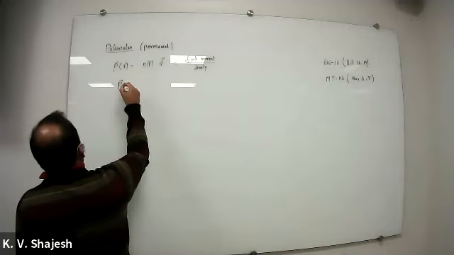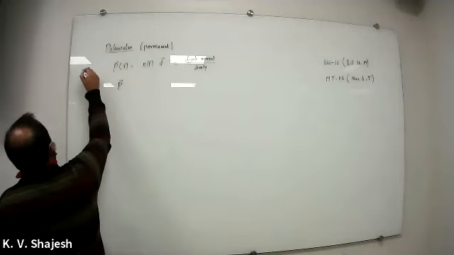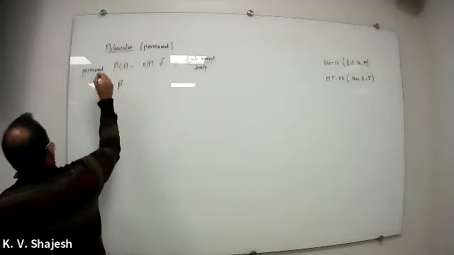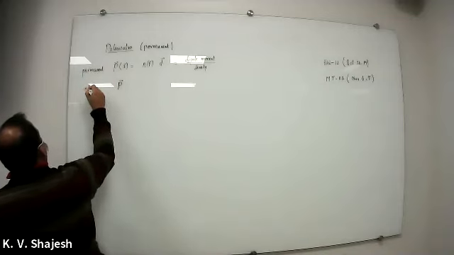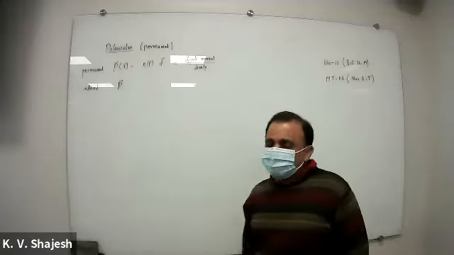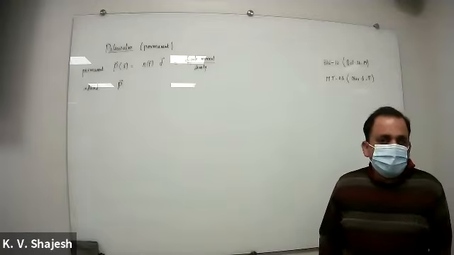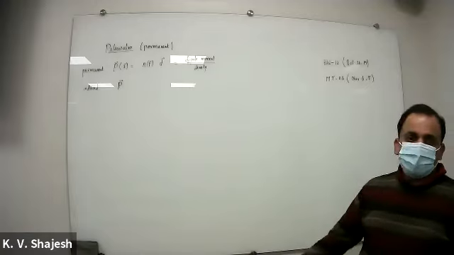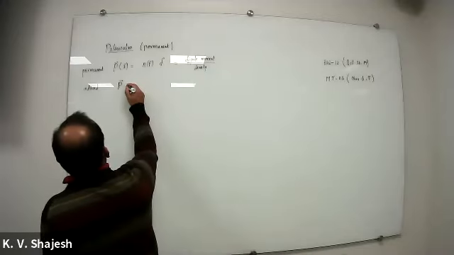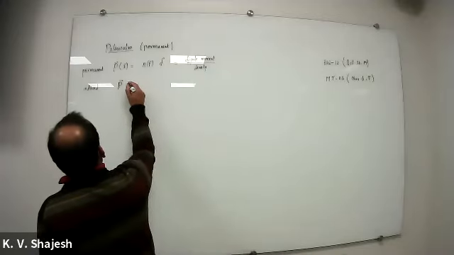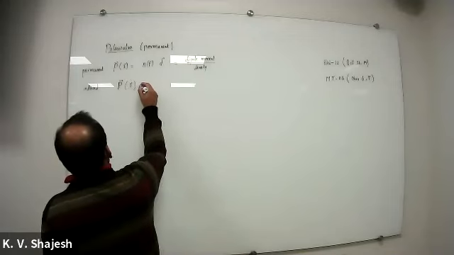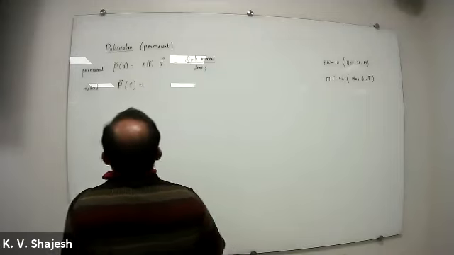So this is permanent. If it is induced, what we mean is that the material itself doesn't have any dipole moment, but if you apply an electric field, you can induce something. Usually it is frequency dependent, but we don't want to emphasize that.